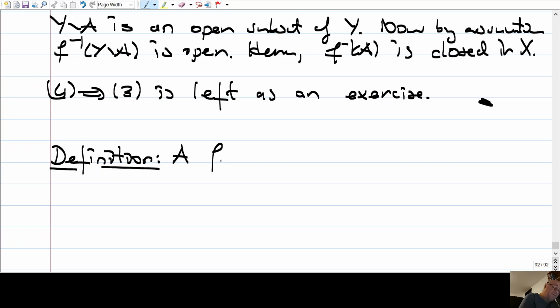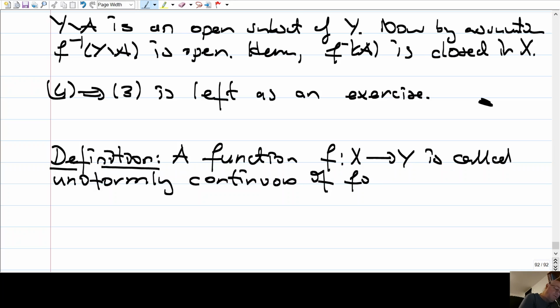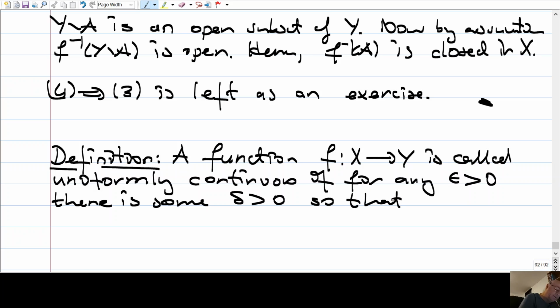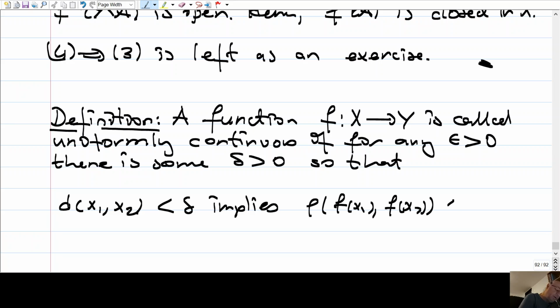A function f from metric spaces (X, d) to (Y, rho) is called uniformly continuous if the following happens: if for any epsilon positive there is some delta positive so that d(x1, x2) less than delta implies rho(f of x1, f of x2) less than epsilon.